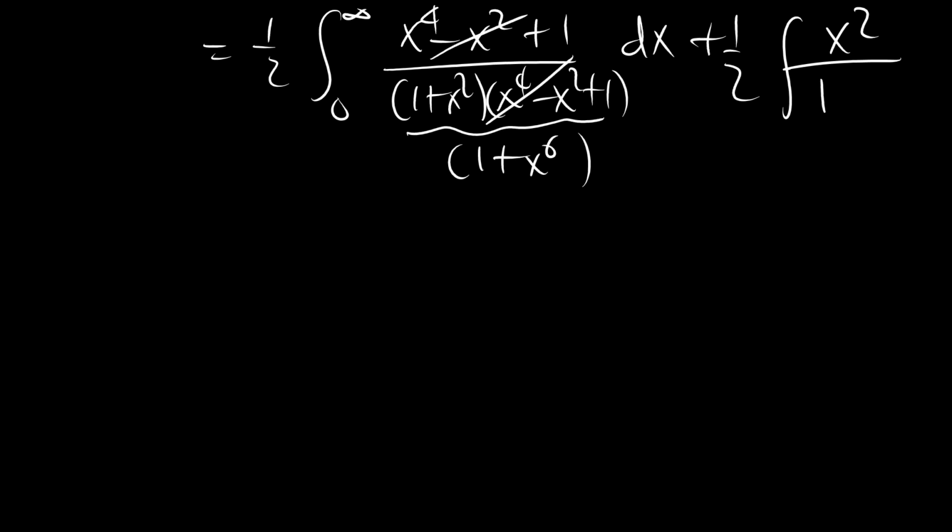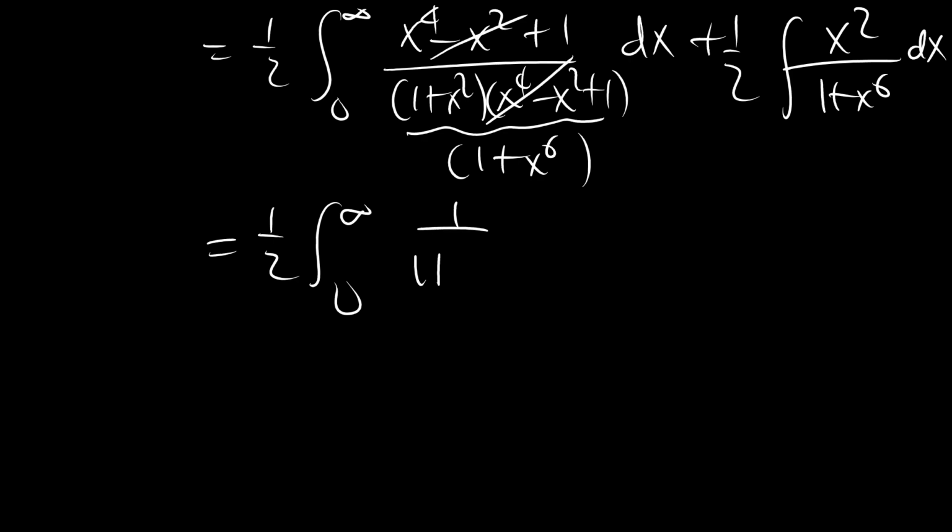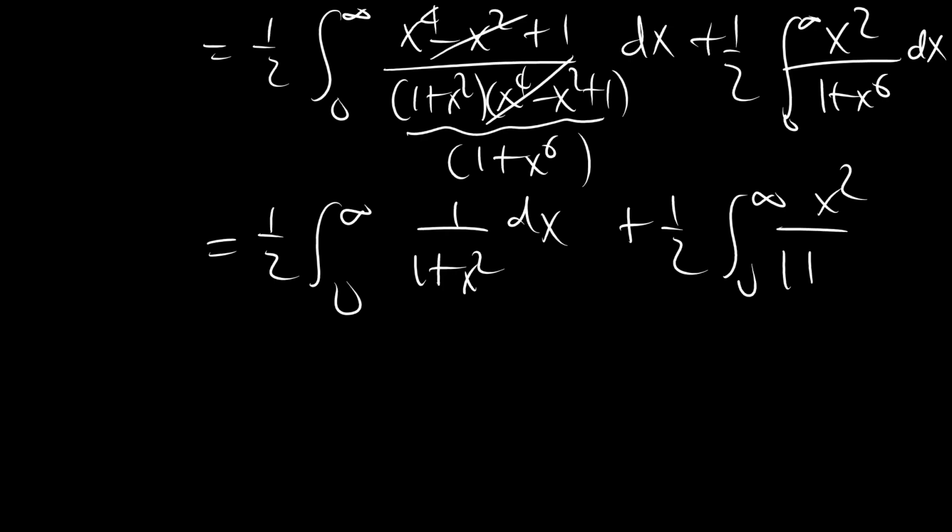So this is the same as a half, 0 to infinity, of 1 over 1 plus x squared, plus a half, 0 to infinity, of x squared over 1 plus x cubed squared, dx.